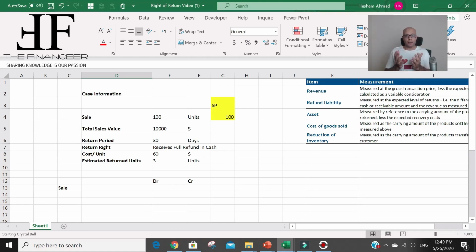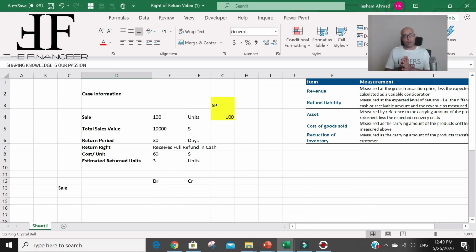So the final transaction price is not fixed. It is variable based on the number of units the customer is going to return to the company. I cannot say that 10,000 is a fixed transaction price, because the customer can return any units, so the company can refund any value of this $10,000 to the customer when the customer returns units.